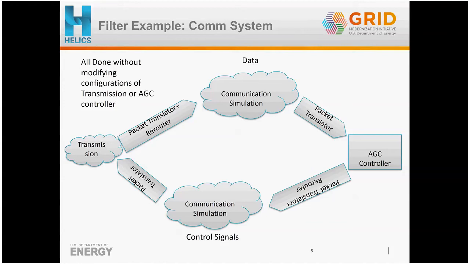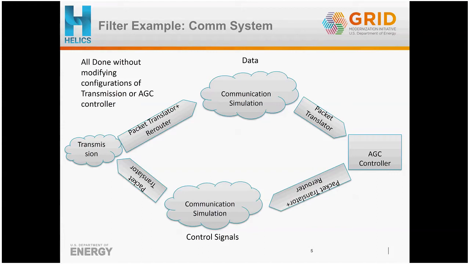Say the transmission network transmits data, but the communication network needs an actual data packet in some standardized TCP protocol or something along those lines. So we have a packet translator that translates the data to the appropriate packet, and then a rerouter which reroutes the signal, which would have gone to the AGC controller and now routes it to the communication simulation.